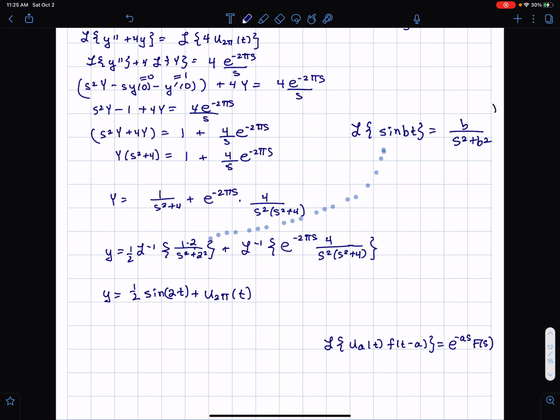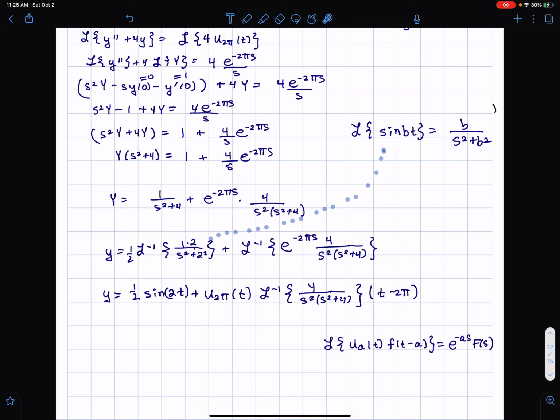Someone might say the way I'm writing it is junk, but we'll go with it. I'm going to write that as a function of t, even though I still have s there, and then put in t minus 2 pi. That's a way to write it.